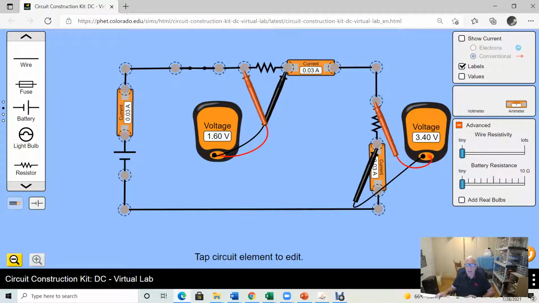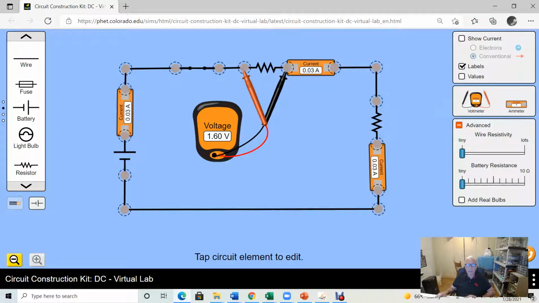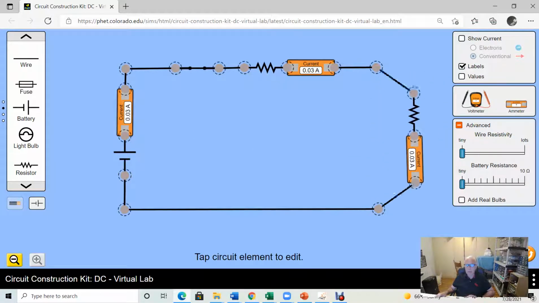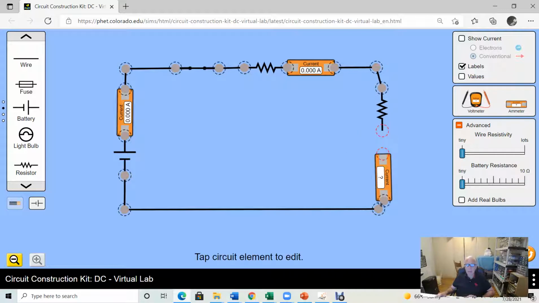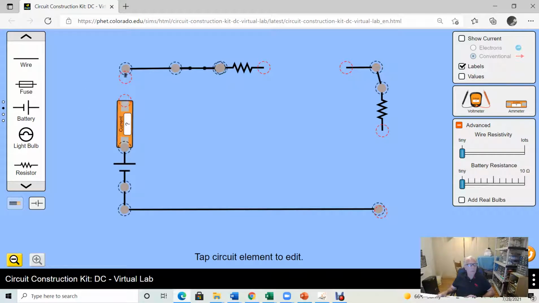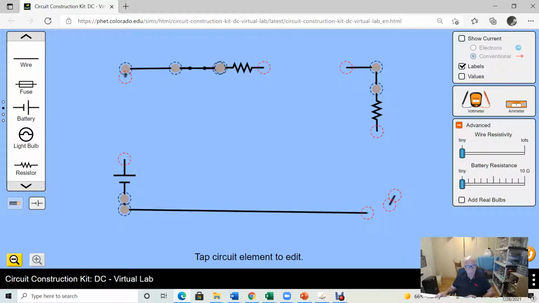I want to clean up my desktop here. I'm going to take out the ammeter so we have a simpler circuit.